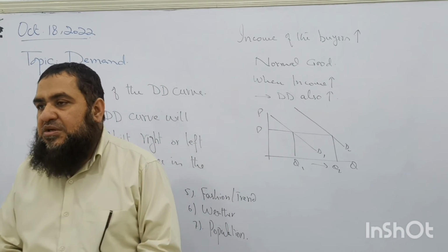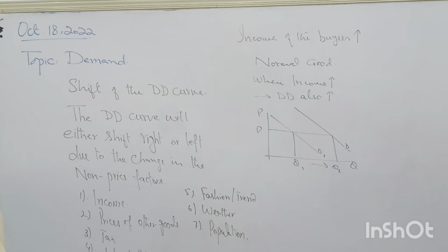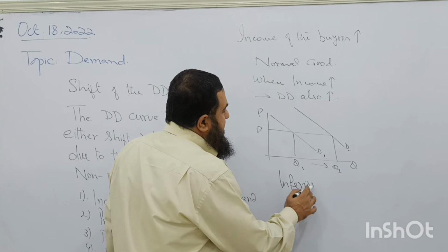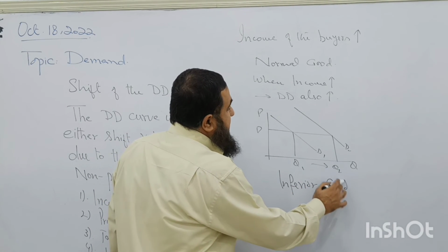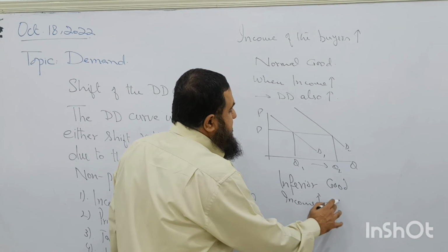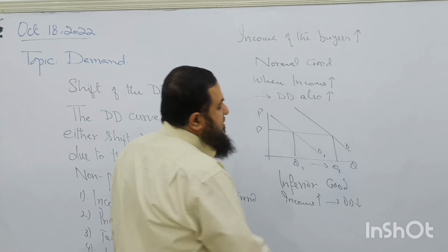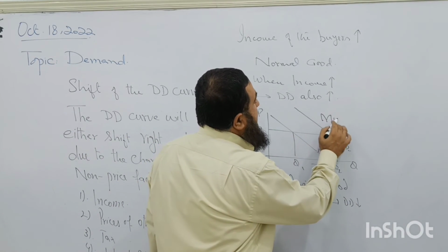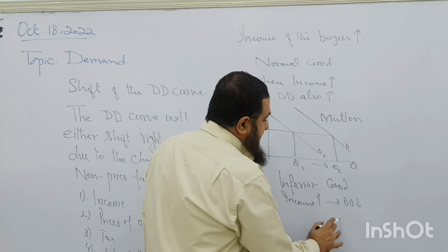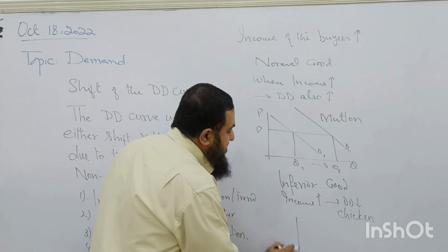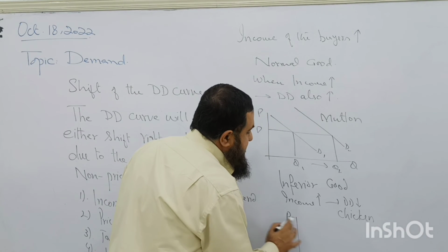And what about chicken? That has become inferior good. What is an inferior good? The price of income will decrease the demand. Yes. When income increases, its demand will have downward shift. And I can see mutton has become a normal good and chicken has become inferior to the consumers.